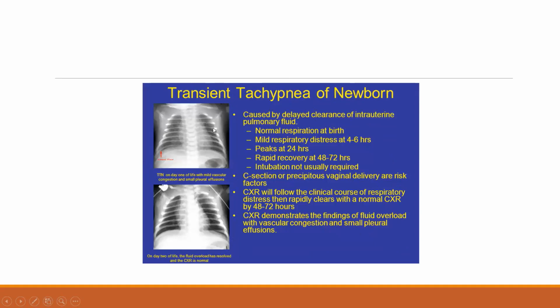And transient tachypnea of the newborn cannot be diagnosed only by seeing the X-ray actually. There would be some features we know about TTN, which will be more clear when we read neonatology. After birth the patient would have distress, but there is no sepsis, or there could be a cesarean section or precipitate vaginal delivery.